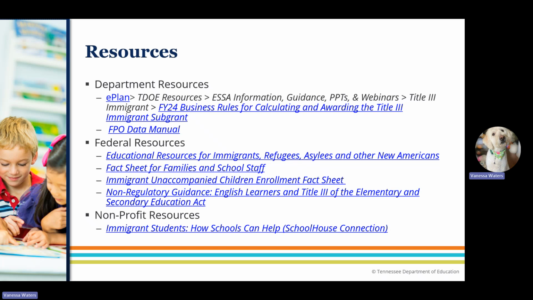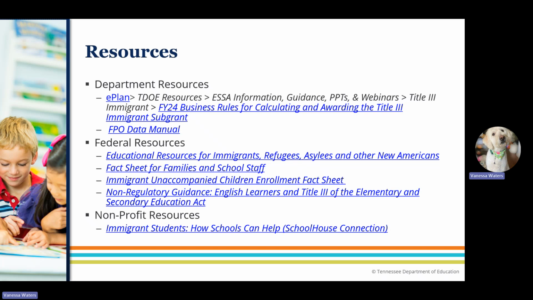For federal resources, we provided educational resources for immigrants, refugees, asylees, and other new Americans, fact sheets for families and school staff, immigrant unaccompanied children enrollment fact sheets, and the non-regulatory guidance for English learners in Title III of the Elementary and Secondary Education Act.